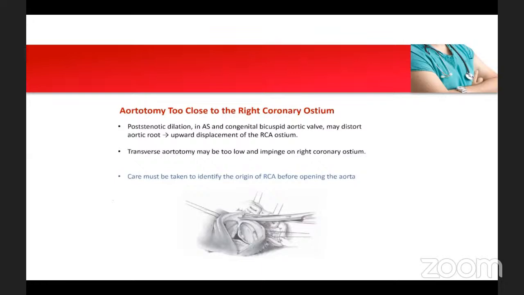So the transverse aortotomy may be too low and impinge on the right coronary ostium. Care must be taken to identify the origin of the RCA before opening the aorta, and try to stay at least 10 to 15 millimeters above the origin of the RCA.